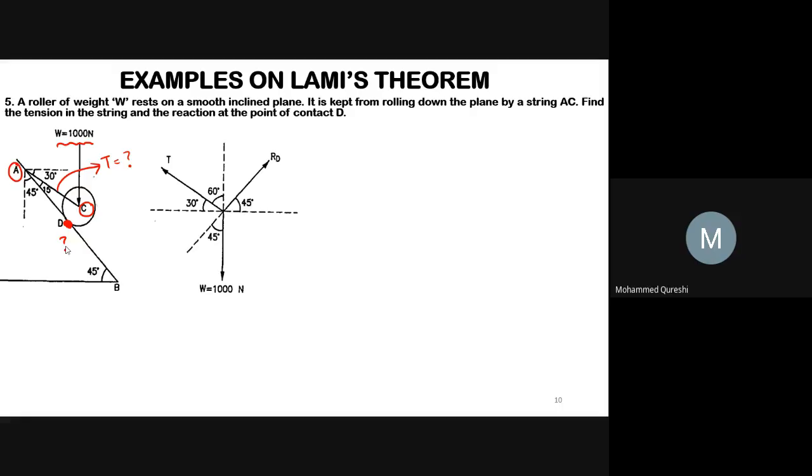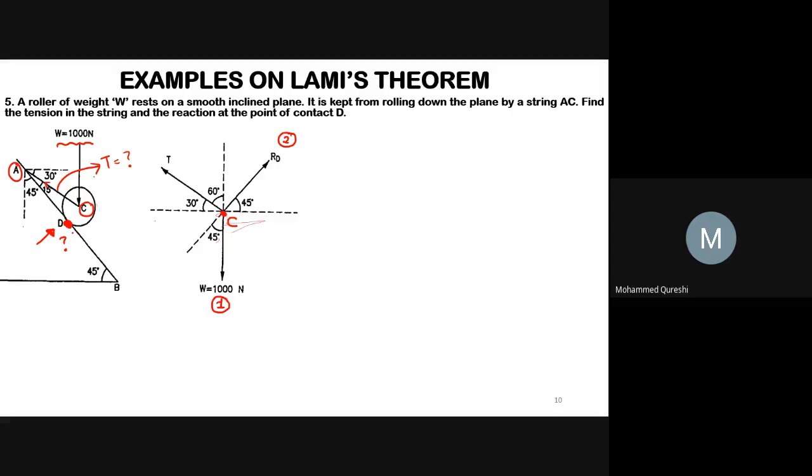So firstly we will go for the free body diagram. Here your C point is there. Now weight W is given in downward direction as 1000 Newton. Then the reaction at point of contact D will be in upward direction, so this will be the reaction at D. Then the tension in the string will be in upward direction.